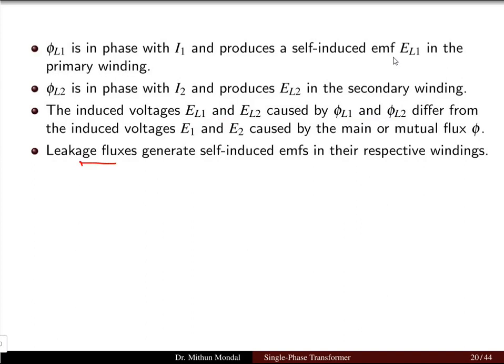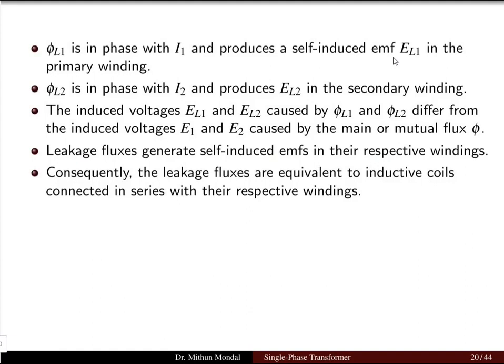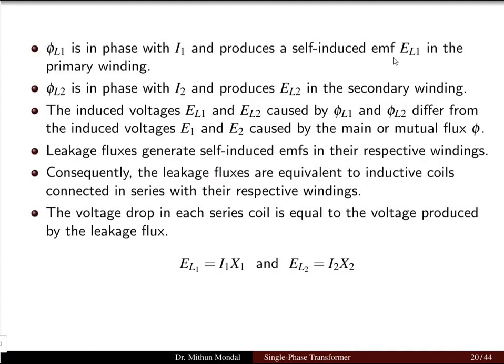The leakage flux which is generating the self-induced EMF in the respective winding can be treated as the losses, and these leakage fluxes are equivalent to inductive coils connected in series with the respective winding. So we will be taking two inductive coils which are connected in series with the primary winding and the secondary winding of the transformer to represent the induced EMF EL1 and the induced EMF EL2.